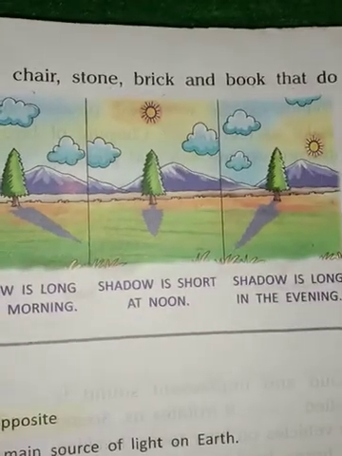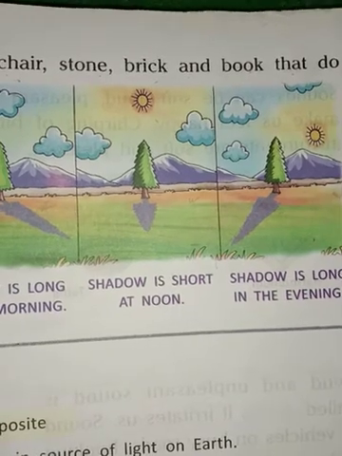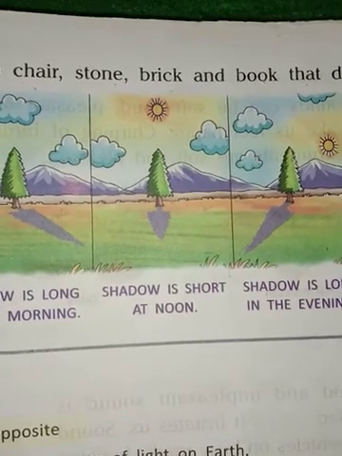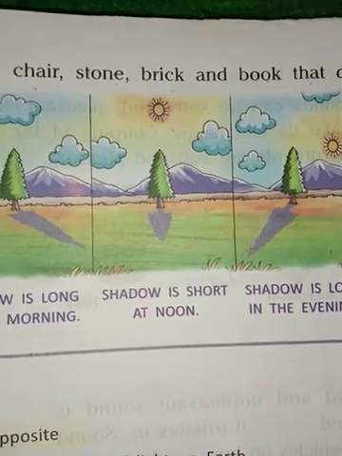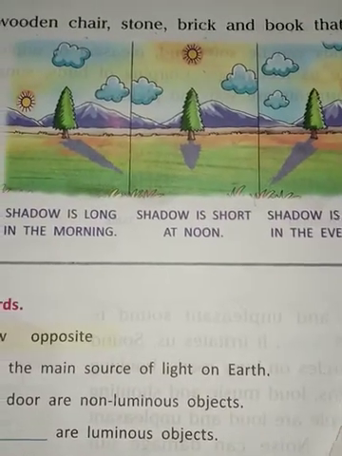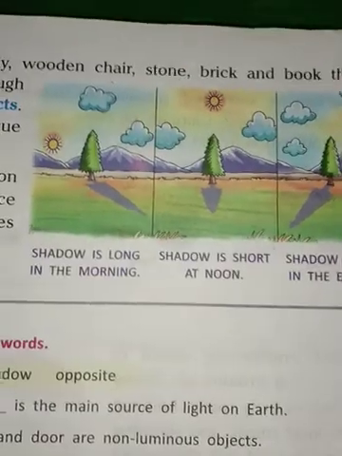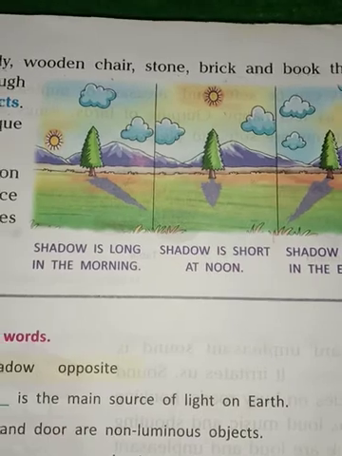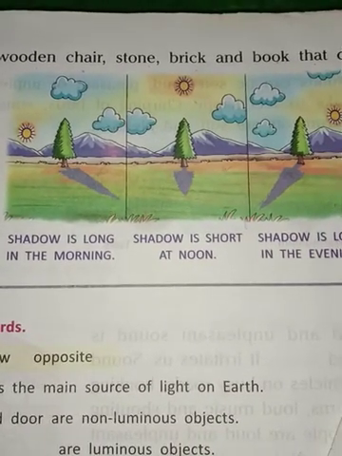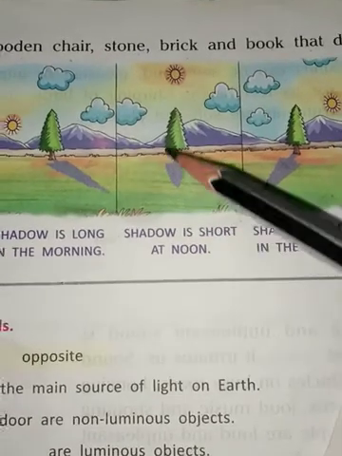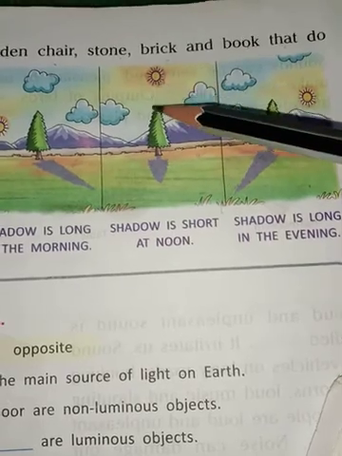So student, shadows are longer in the morning and evening and short at noon because the sun rays are slanting in the morning and evening, whereas at noon the sun is just above our head.